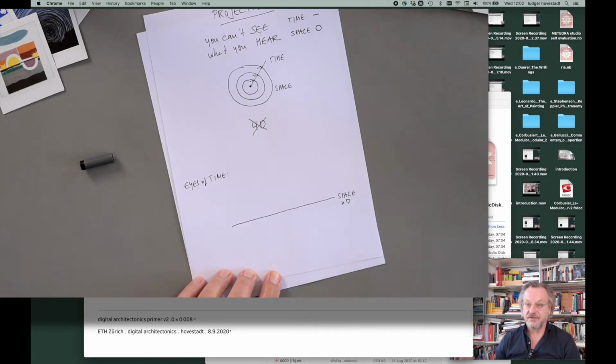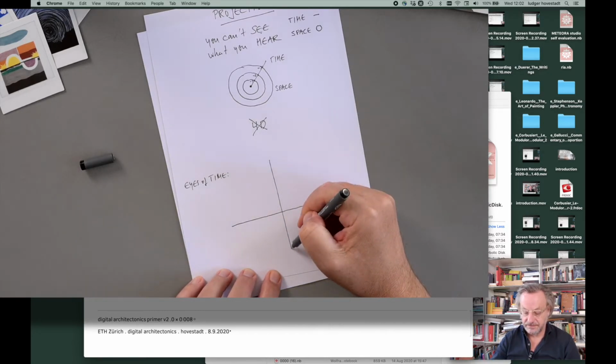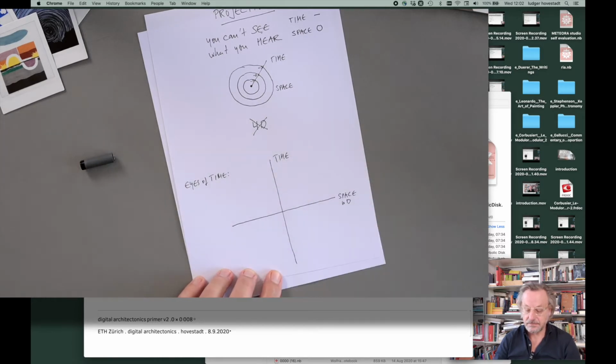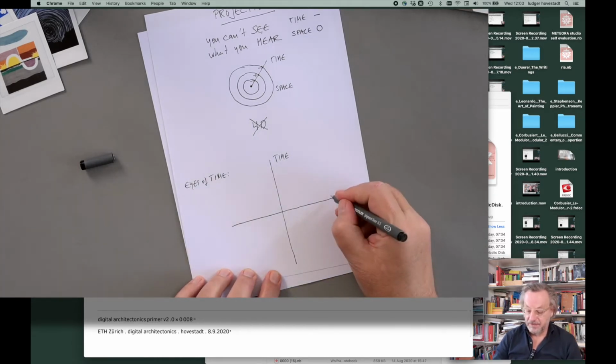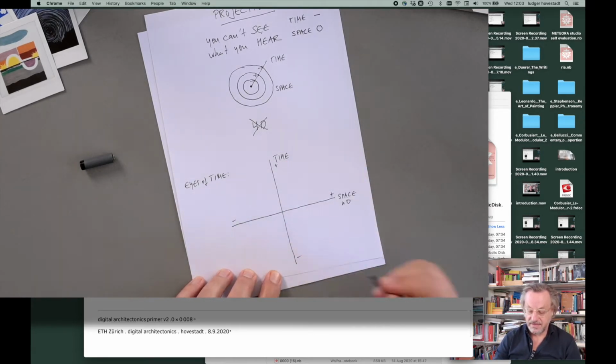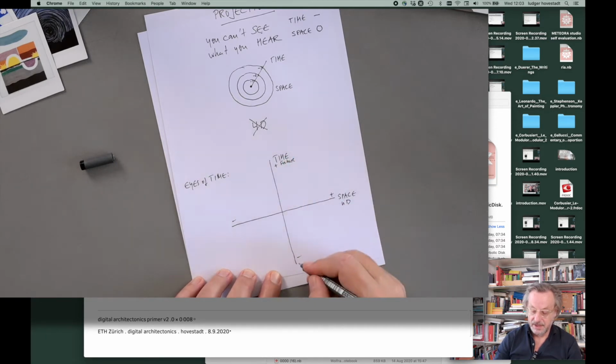Time is a different domain. So, and this is orthogonal. This is time. If we put that here plus, there's minus, plus, minus, then this is the future, this is the past.